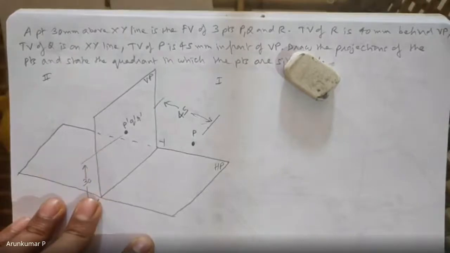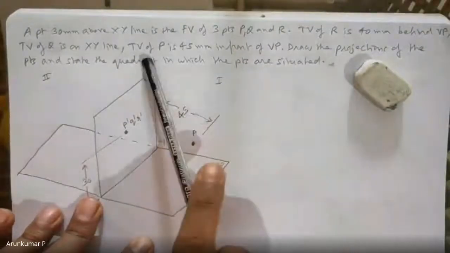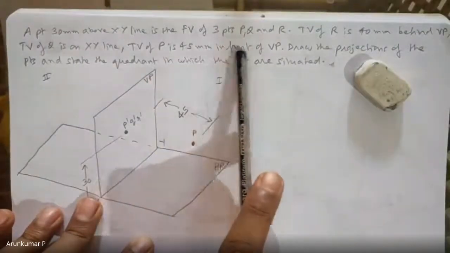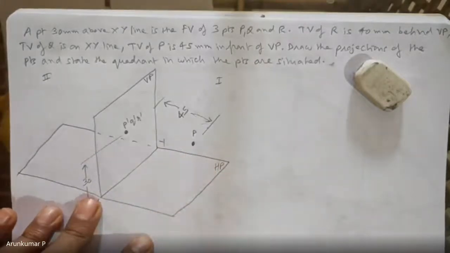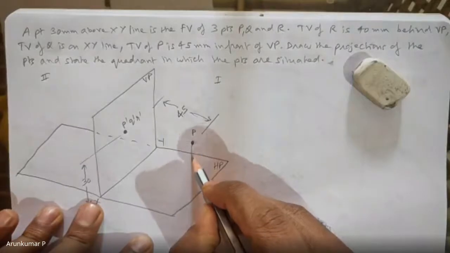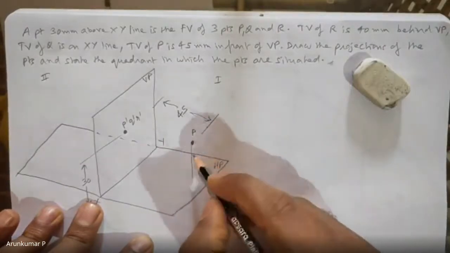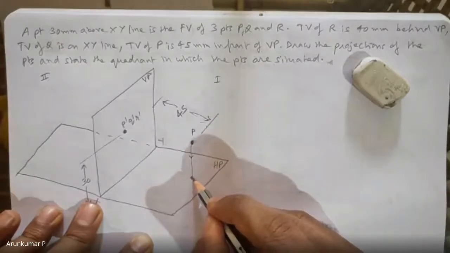Now, how can I say that this is correct? Because if this is true, then only you will get the top view of P 45 mm in front of VP. Now tell me, where is the top view of P? Where will it come? It should come here. Maybe somewhere here.